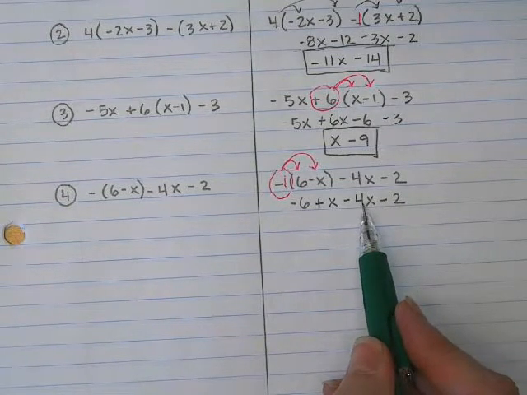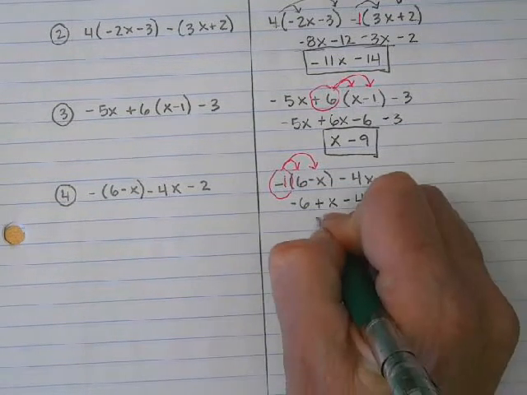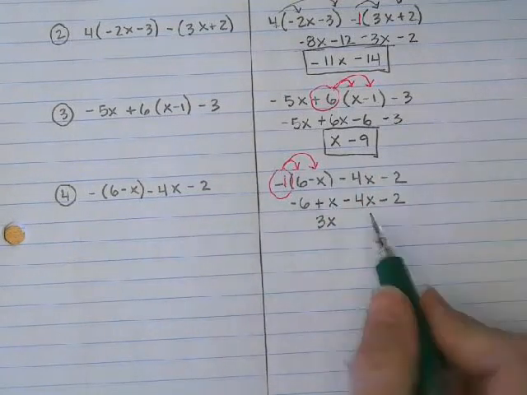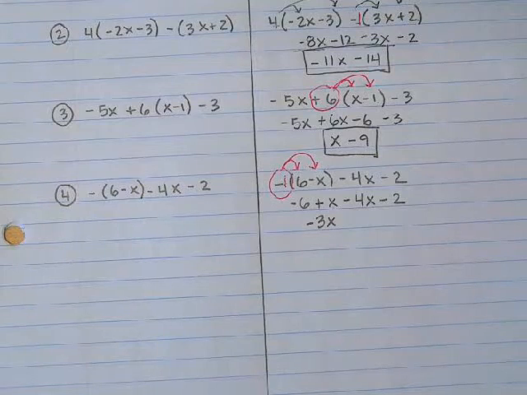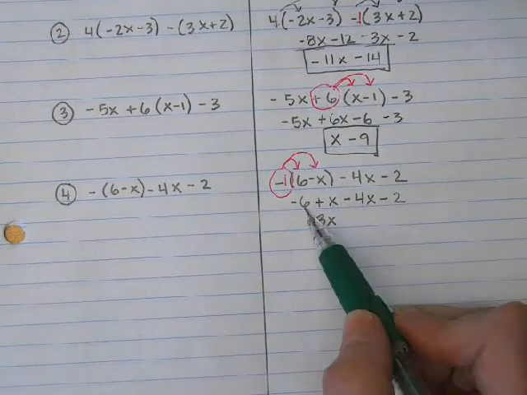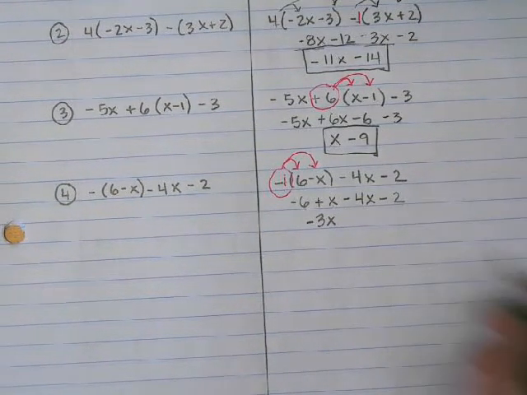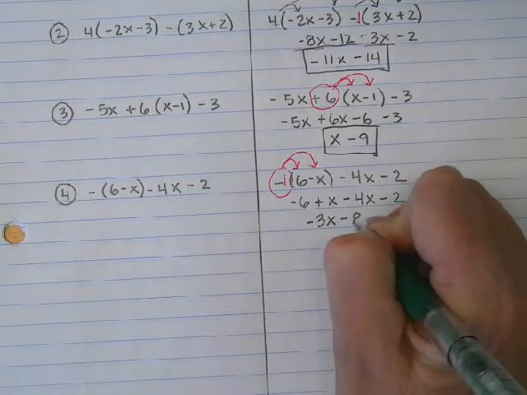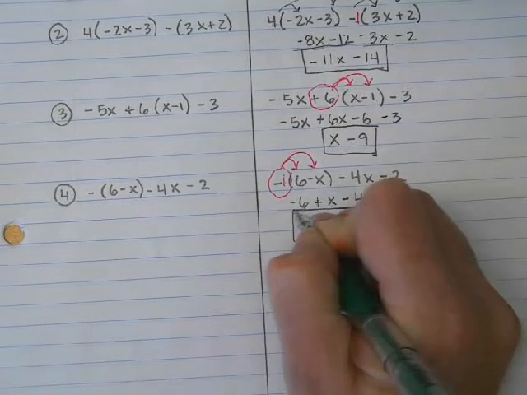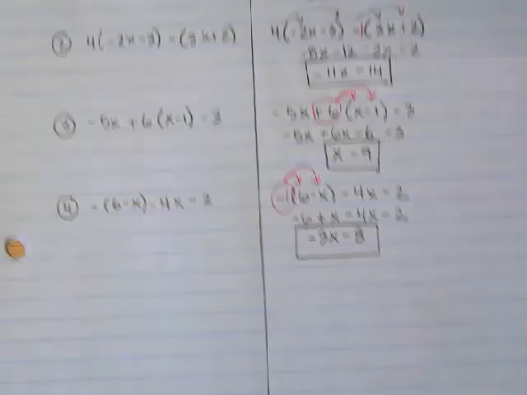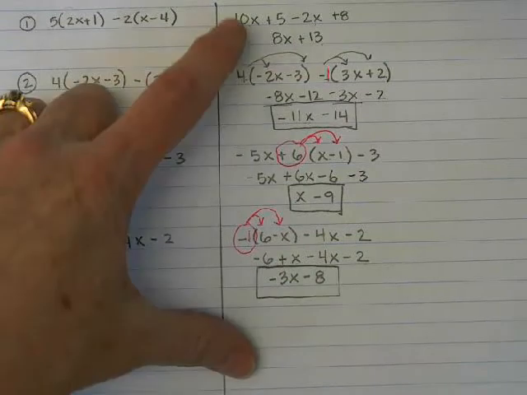Signs are different, so I'm going to subtract. 4 minus 1 is 3. 4 was negative. It was the larger number, so it's a -3x. Okay, now I've got a -6 and a -2. Signs are the same. I'm going to add and keep the sign. And there it is.